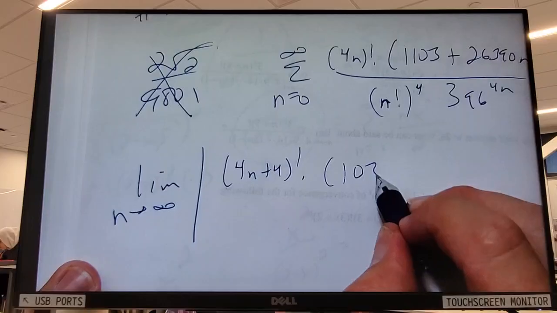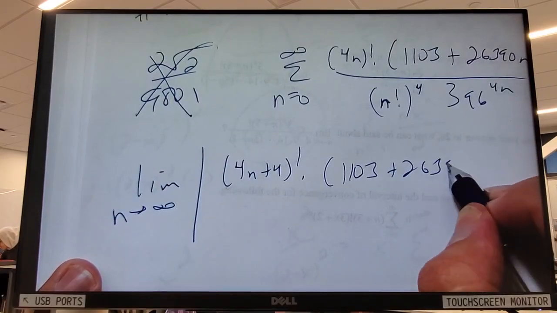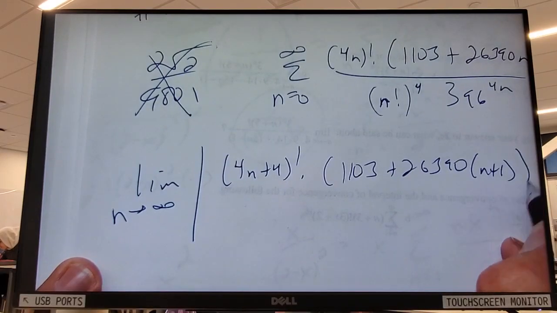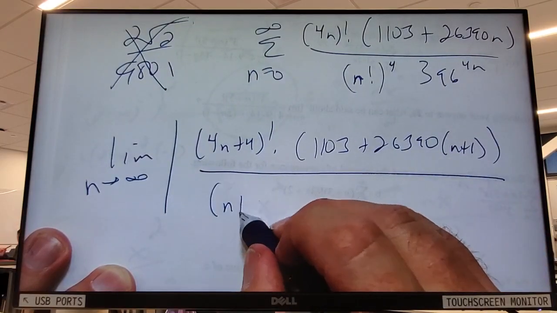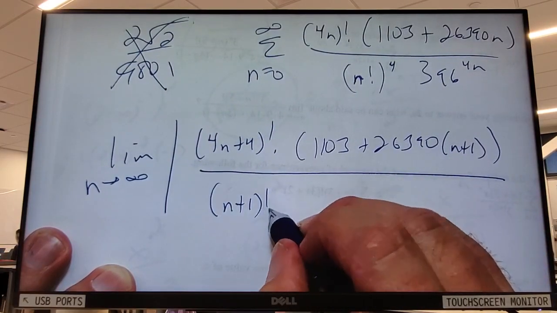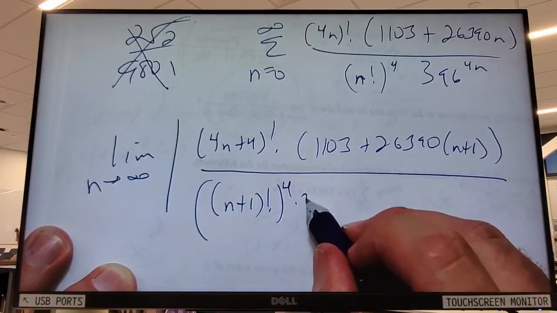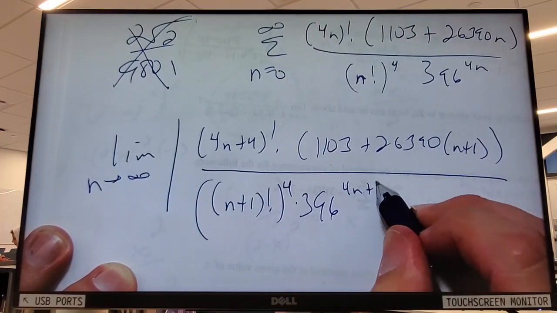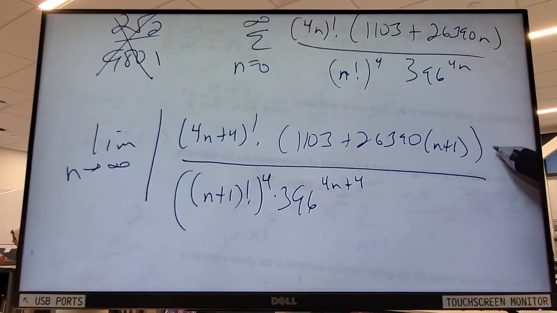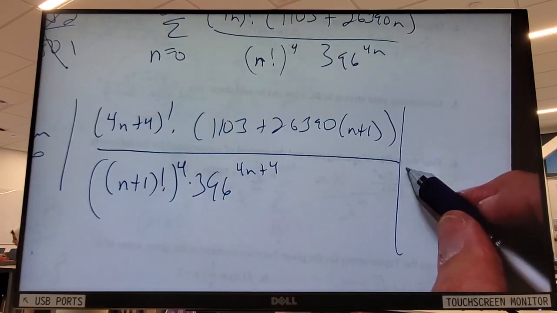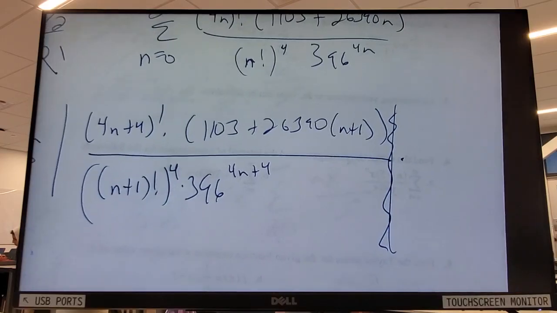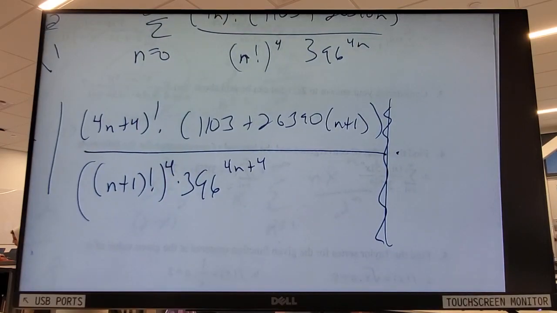Then this becomes 1103 plus 26390 times n plus 1, all over n plus 1 factorial to the 4th. And of course the 396 term, leaving no room for anybody. So that's the n plus 1th term, yes?